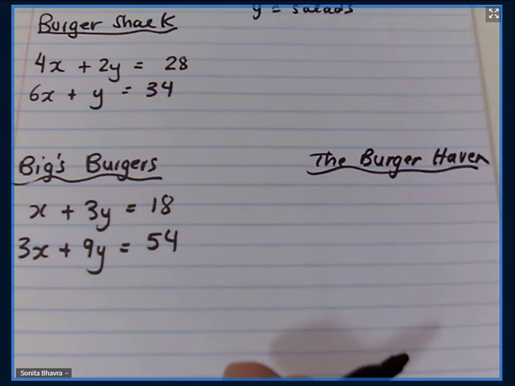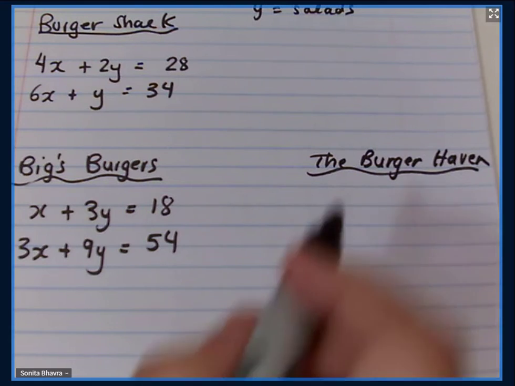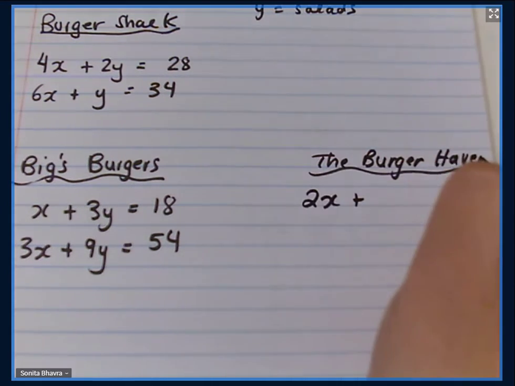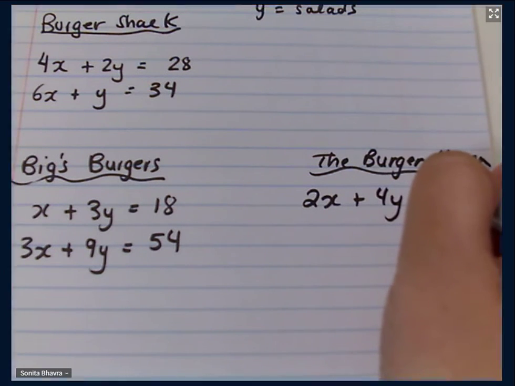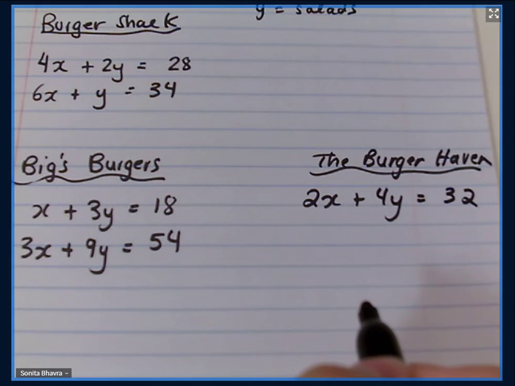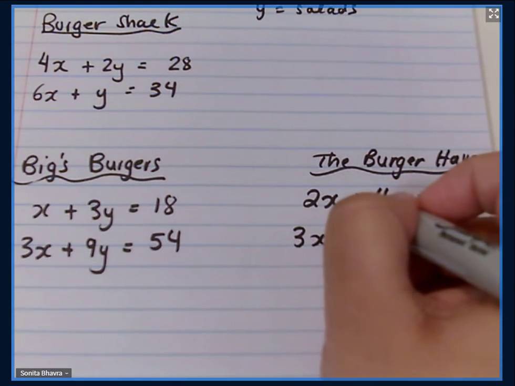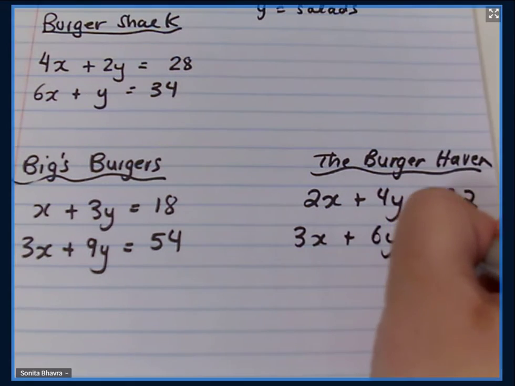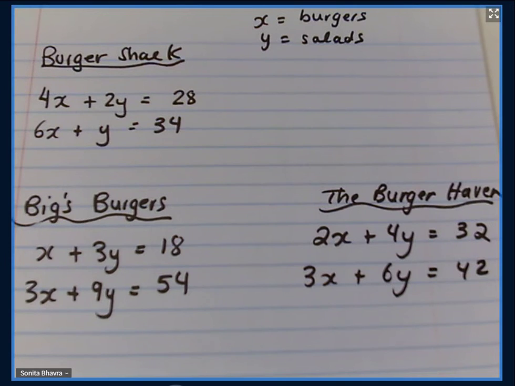For Burger Haven, it was John, and John charged $32 for 2 burgers, so 2x, and 4 salads, so 4y, and he charged $32. And the second order, it was $42 for 3 burgers and 6 salads. So 3x plus 6y equals 42. That is basically how you would get all the equations for the different burger places.